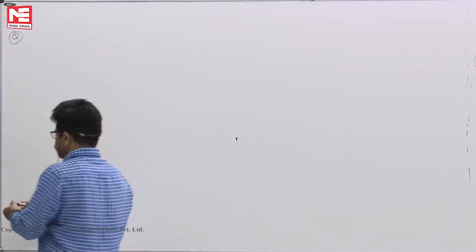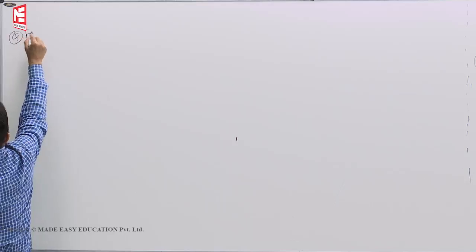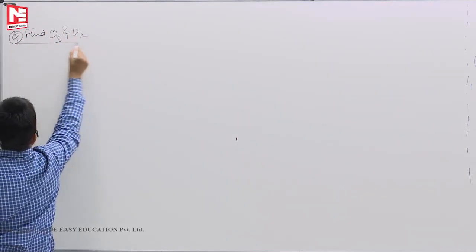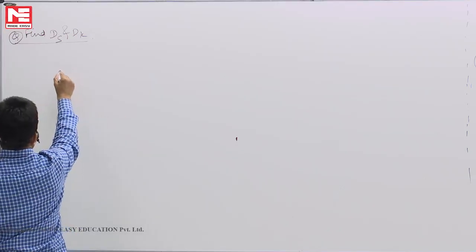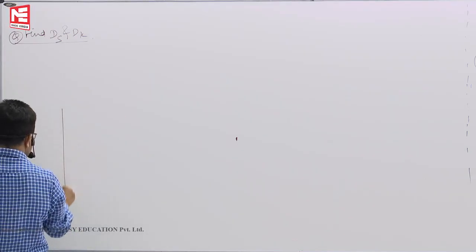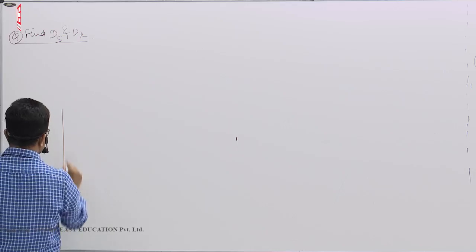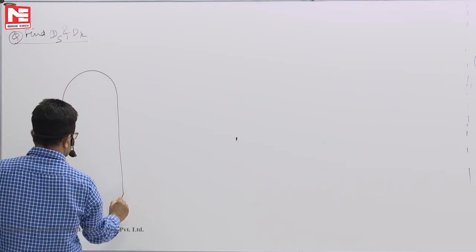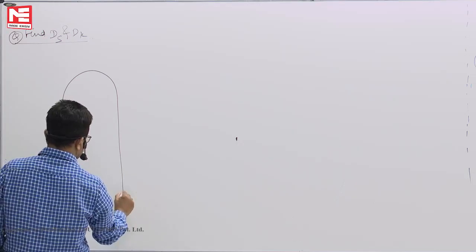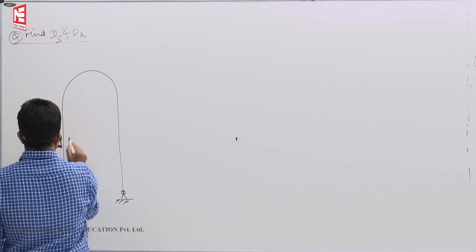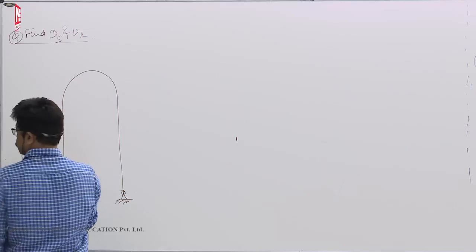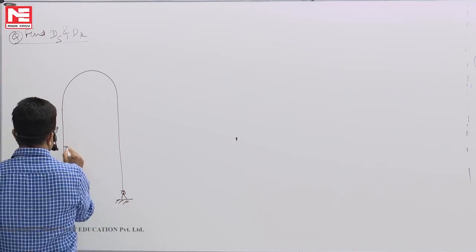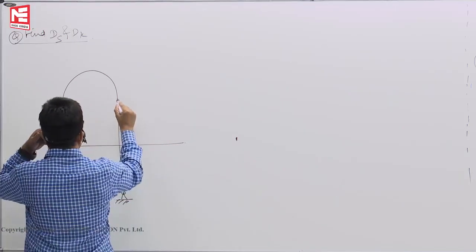Now take one more question. Find ds and dk. Assume that we have a structure like this, fixed here. Then it was something like this.